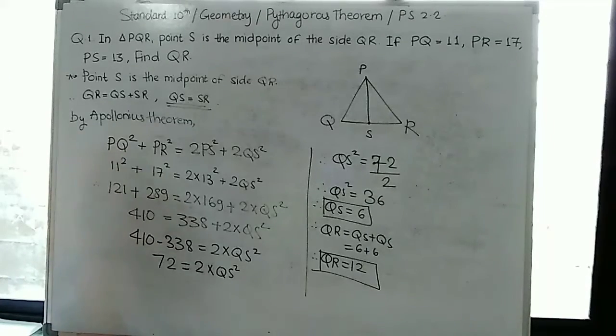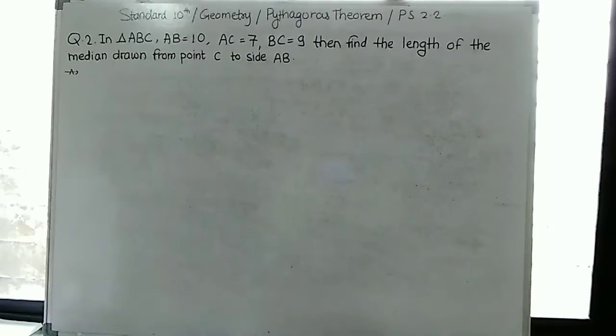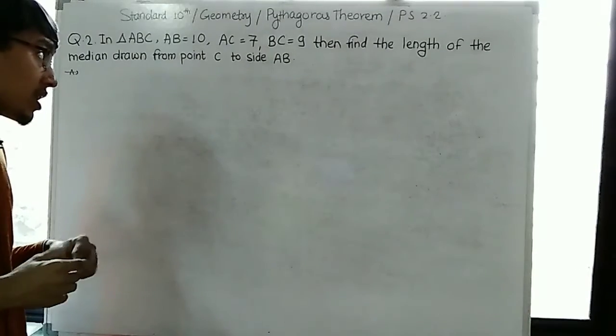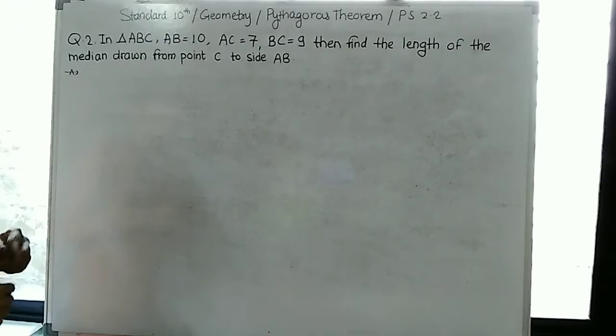Now let us see question number 2. In triangle ABC, AB is equal to 10, AC is equal to 7, BC is equal to 9. Then find the length of the median drawn from point C to side AB.